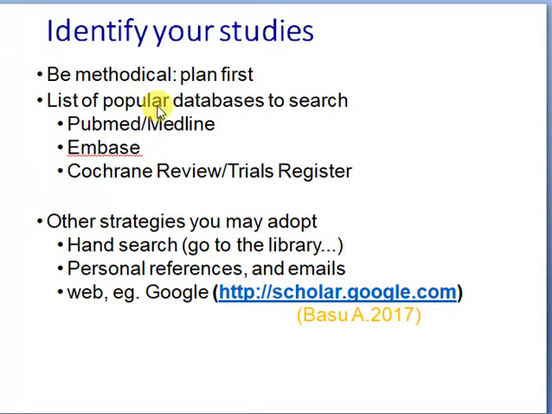Then after that, a list of popular databases should be planned, from where we can access our studies, especially the most frequently used databases: PubMed or Medline, Embase, Cochrane Review or Trials Register, or CINAHL.